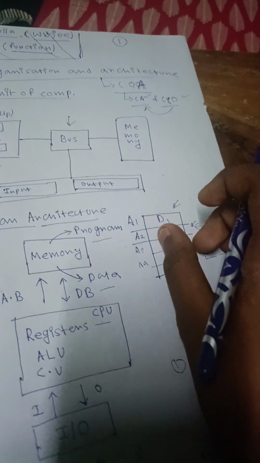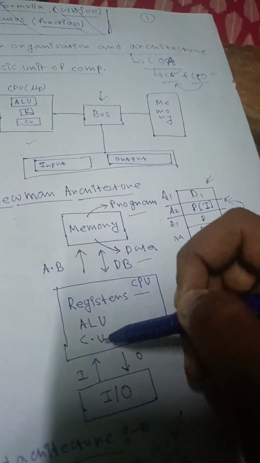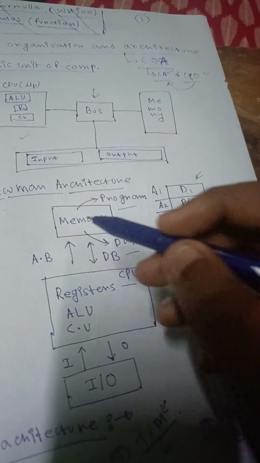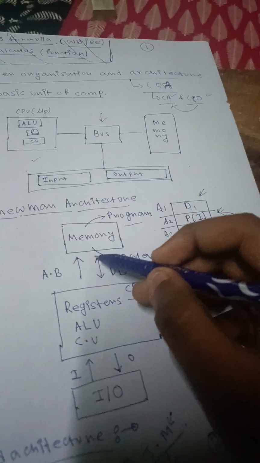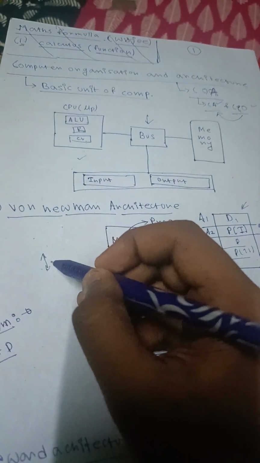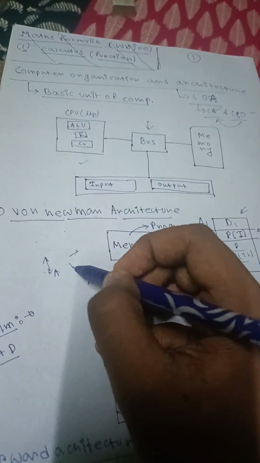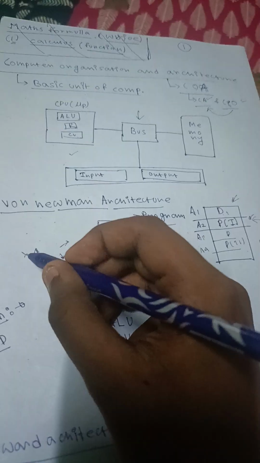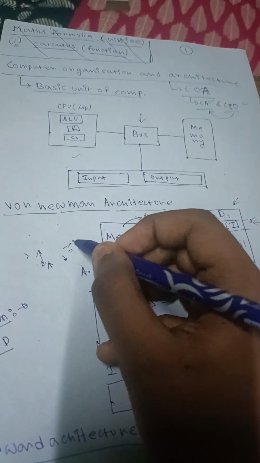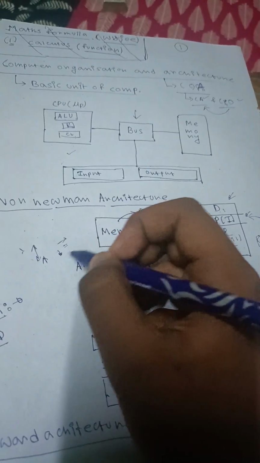So this is the address of this memory. Memory is connected to the CPU, and from memory I can see a unidirectional line. This one is called unidirectional, and this one is called bidirectional. If the arrow goes toward only one direction, we say it's unidirectional.